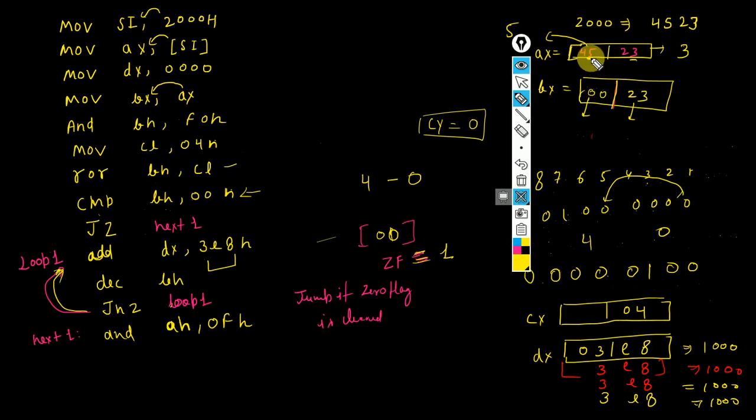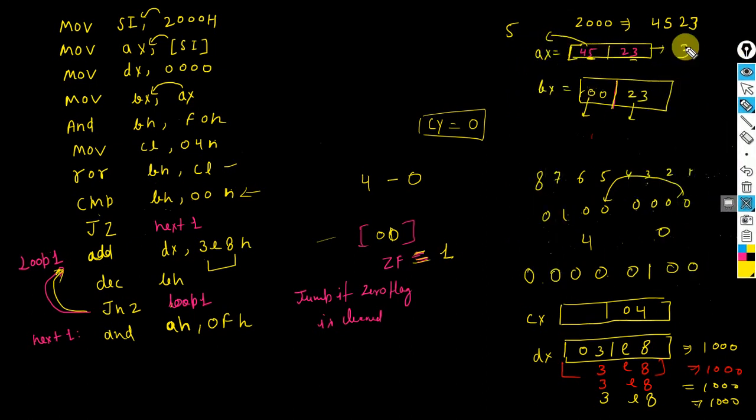In this instruction this is our AH content. Again, from this number we extract the 5 from this 45 value.